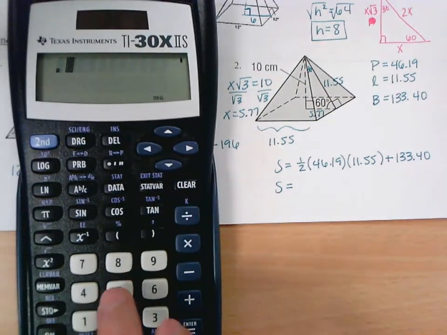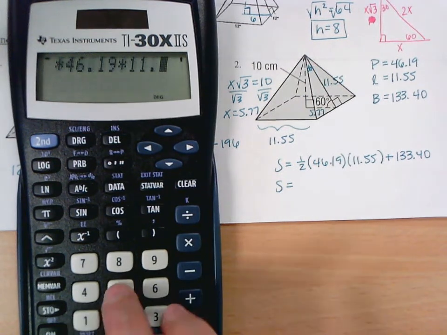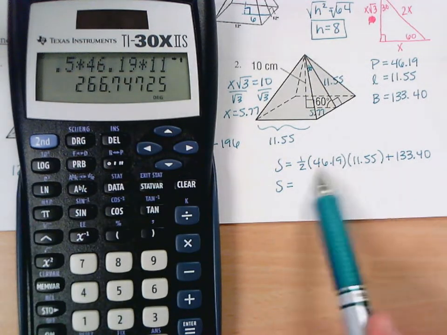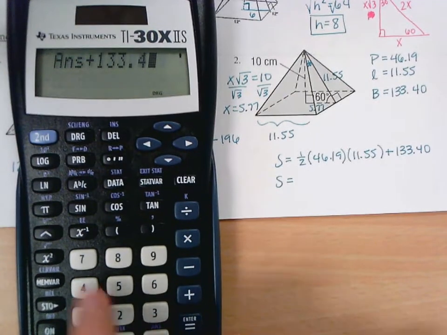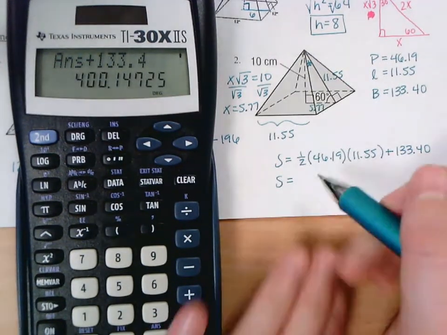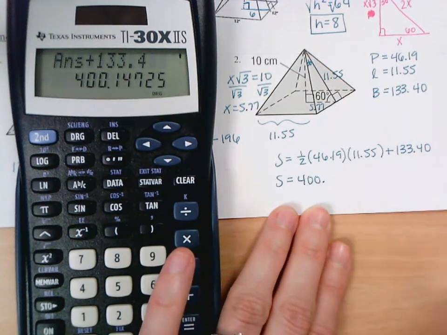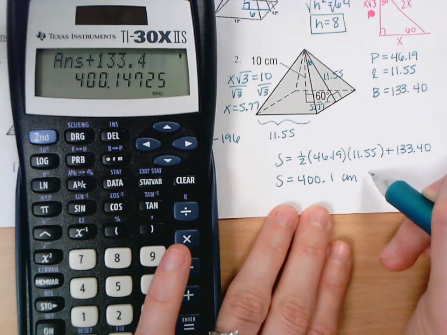So 0.5 times 46.19 times 11.55. If you were just asked again for lateral area, that would be the lateral area, and then plus 133.4. My surface area is approximately 400. This one I'll round to 1 decimal place, so 400.1, and that would be centimeters squared.